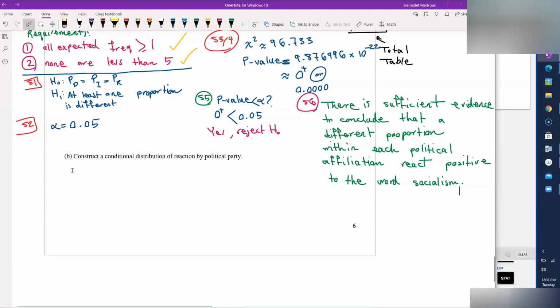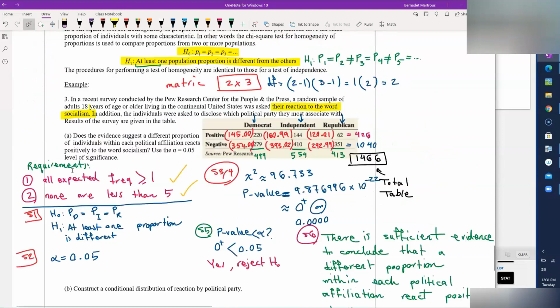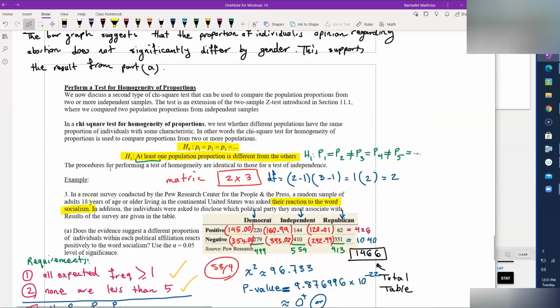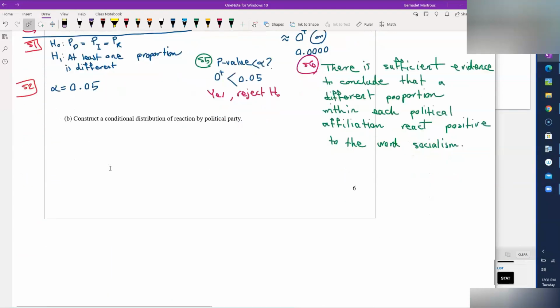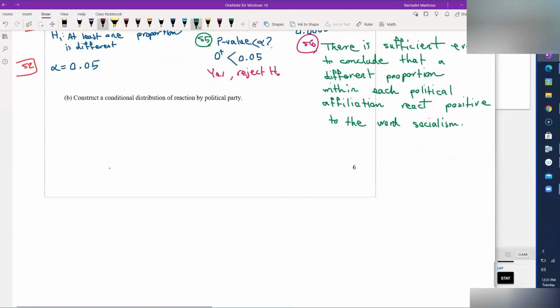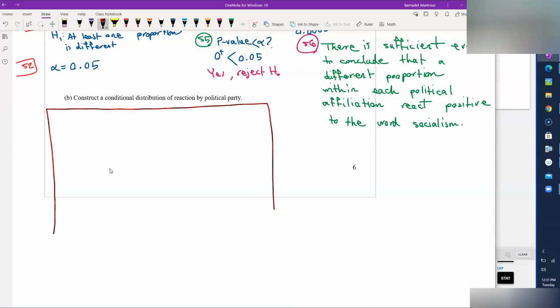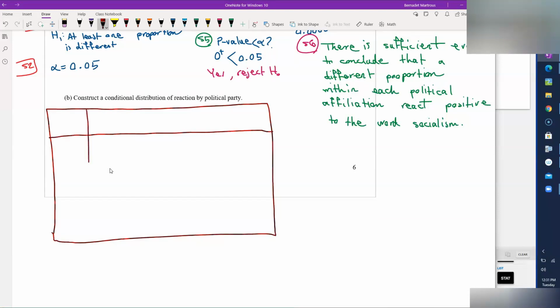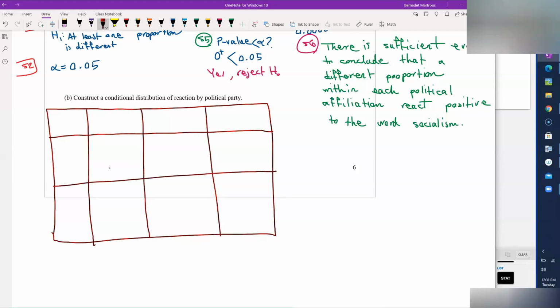Here again, part B is exactly the same as what we did on this example, finding relative frequency. So I'm going to draw that. And that's what we have. Democrat, we have independent, and we have Republican.